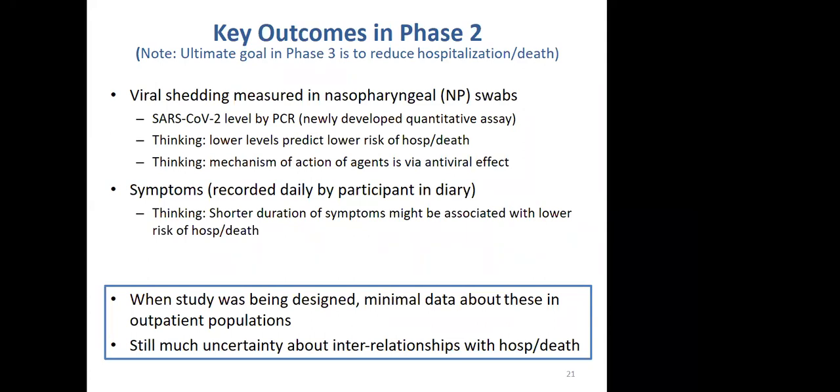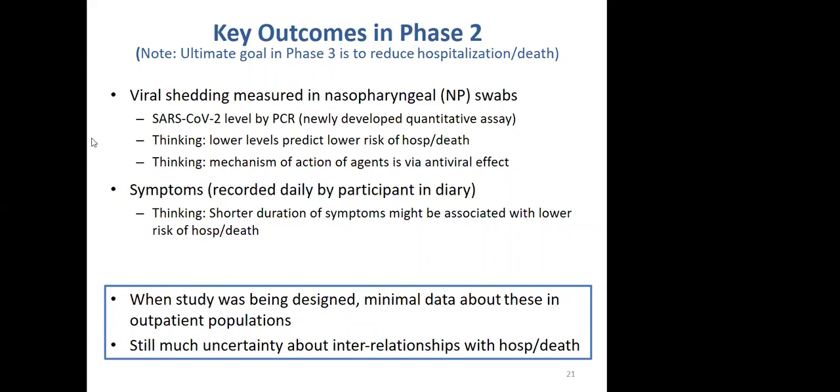So there's no guarantee that what you're measuring in the nose might be a good predictor of risk of hospitalization and death. And the other important aspect was that the thinking was that the agents we were looking at would have an effect through antiviral activity, in essence, by lowering the levels of the virus. Again, with the caveat that we're measuring it in one compartment, and there are other compartments that may be more important.